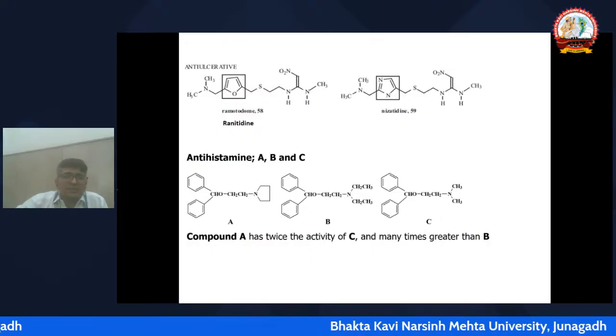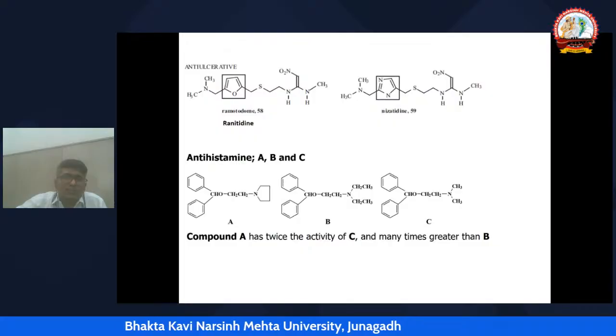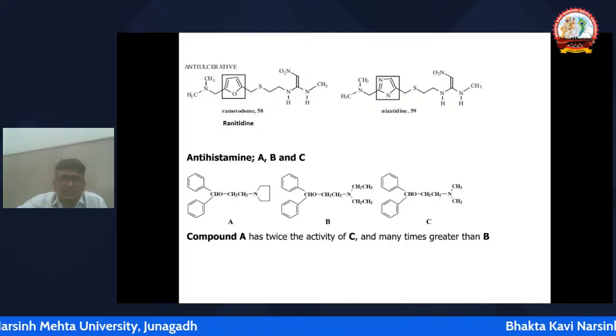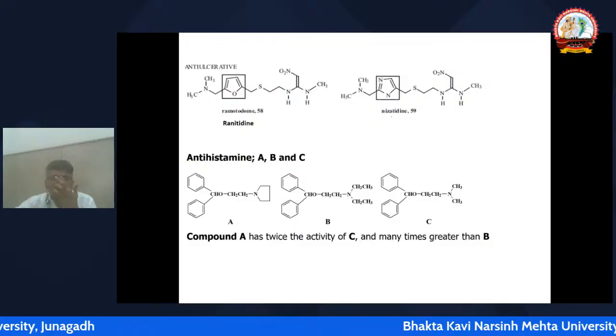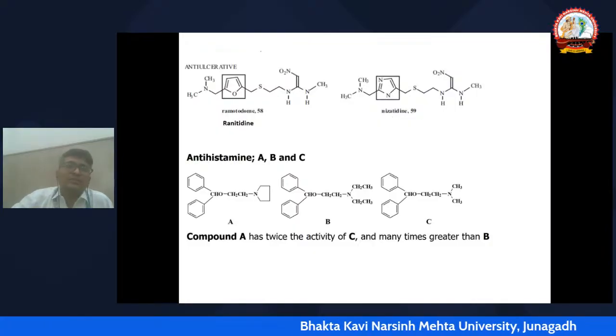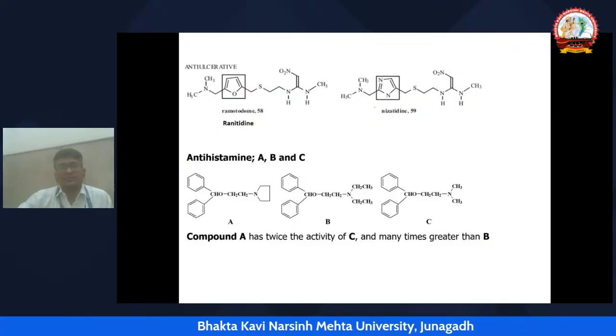Now, ranitidine is an anti-ulcerative drug. Replacement of this furan ring system with an imidazole ring system gives a new drug, nizatidine. So it is an anti-ulcerative drug.